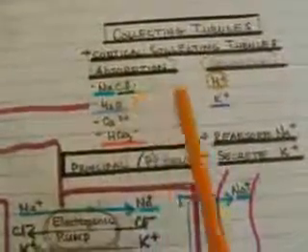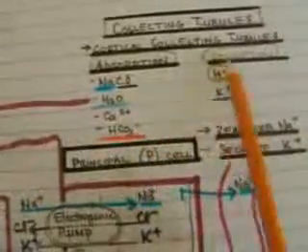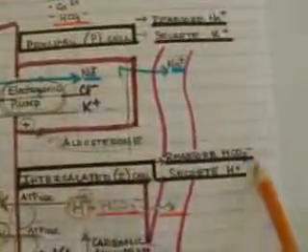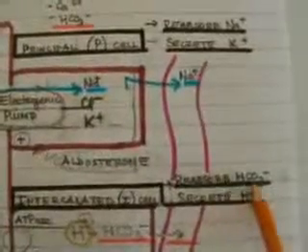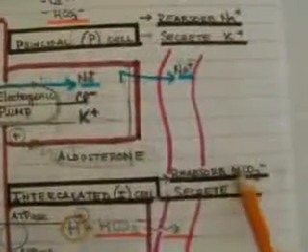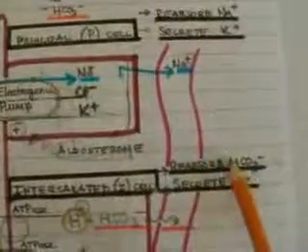For example, in the cortical collecting tubules, the primary function is the reabsorption and secretion of differing electrolytes, as well as the management of the acid-base, or the regulation of the acid-base pH system. For example, the reabsorption of bicarb and the secretion of hydrogen ions help to regulate the acid-base.